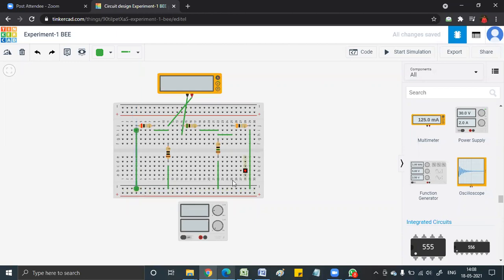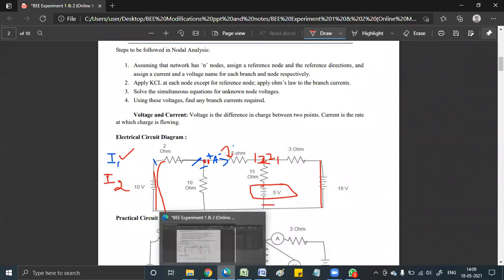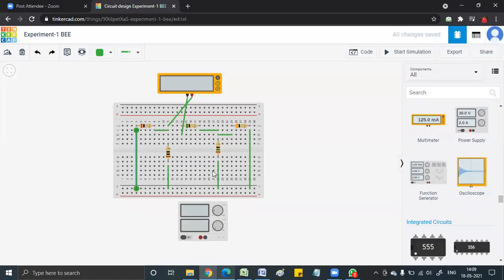Now where will you connect this 5 volt power supply? Where is the positive of the power supply going? Below the 5 ohm. Below 15 ohm. 15 ohm. Sorry. So positive is going to this 15 ohm, negative is going to this reference. But what we had connected initially on Tinkercad, we had just shorted it, no?